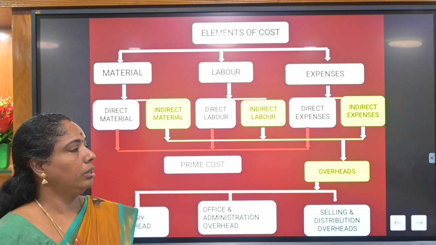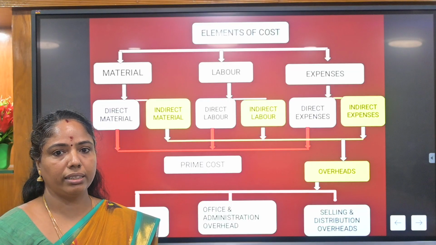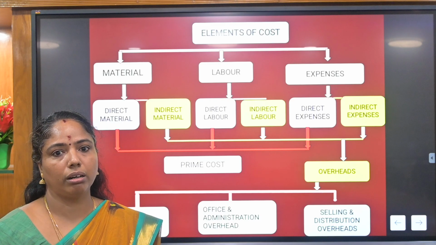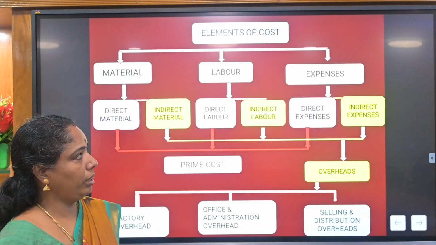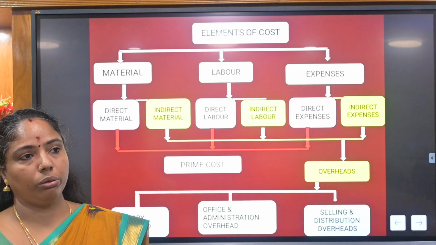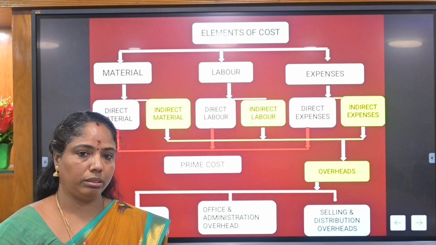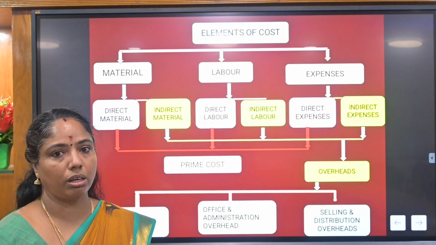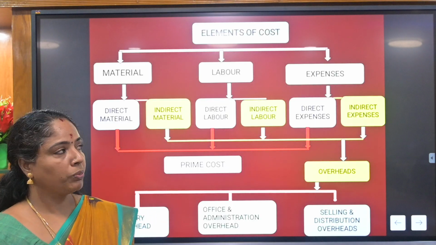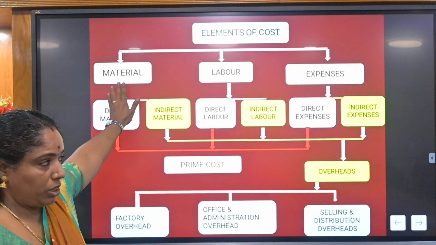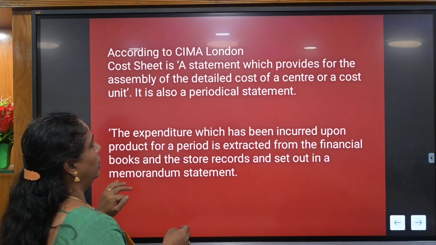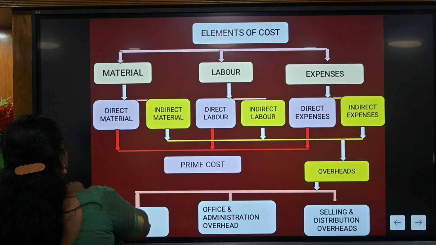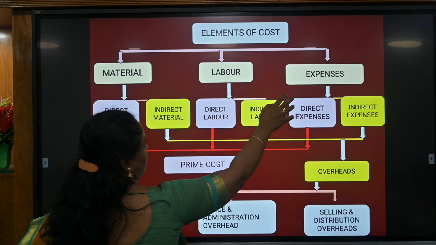Indirect labor means those who help in finalizing the product, such as packaging or distribution. Then expenses: those incurred for factory overheads, office and administration overheads, and selling and distribution. So the elements are material, labor and expenses.